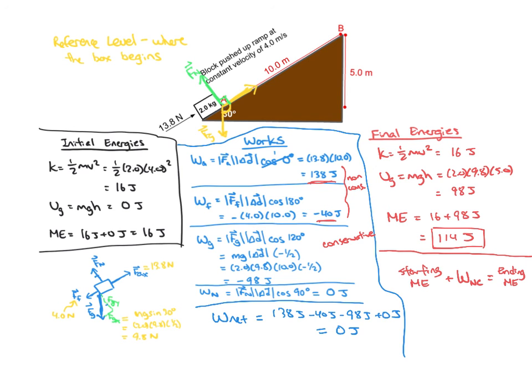And you see 98 right there on the right side as well. So we started with 16 joules of energy. We added 98 joules to it through doing work on it. And that's how we end up with 114 joules overall.